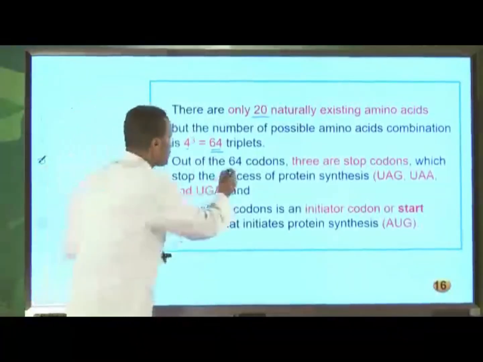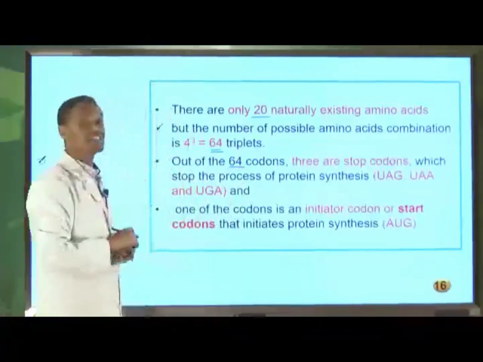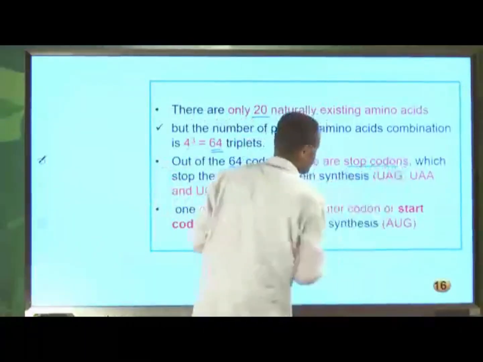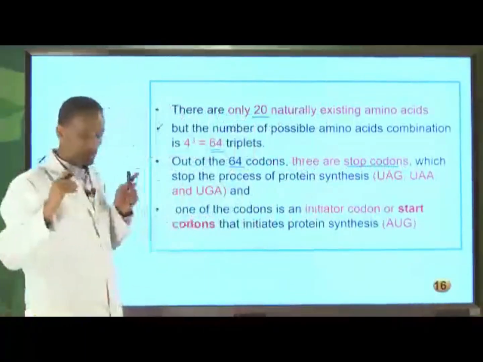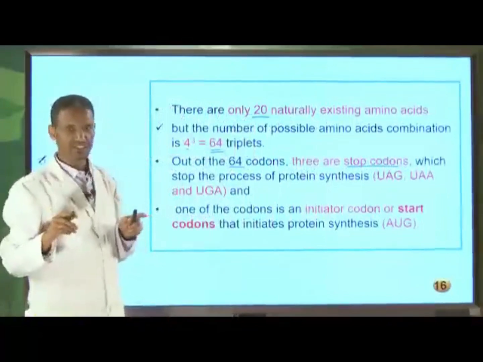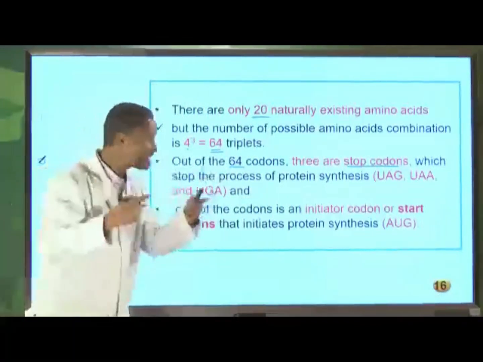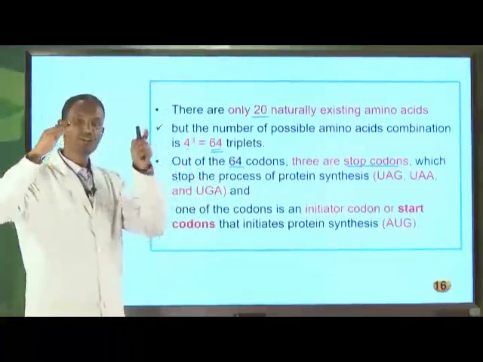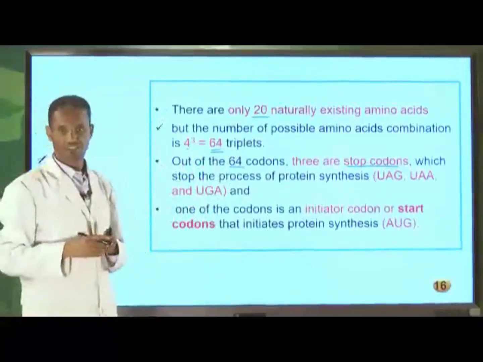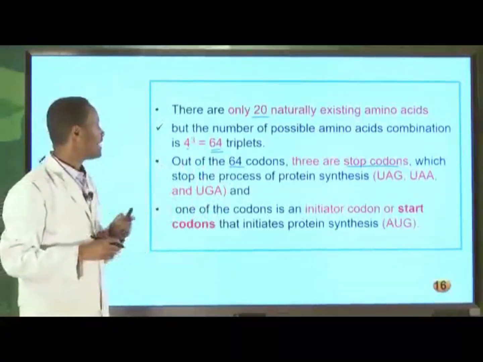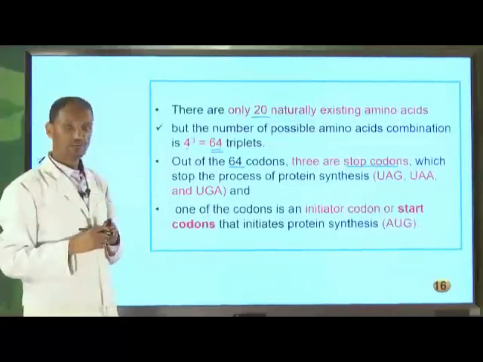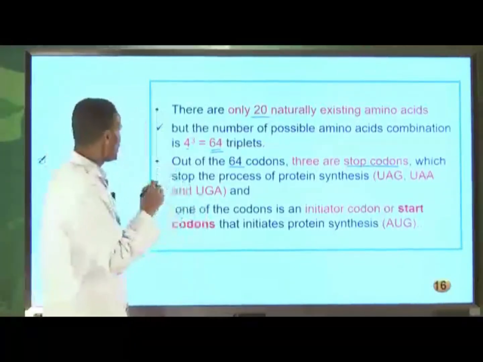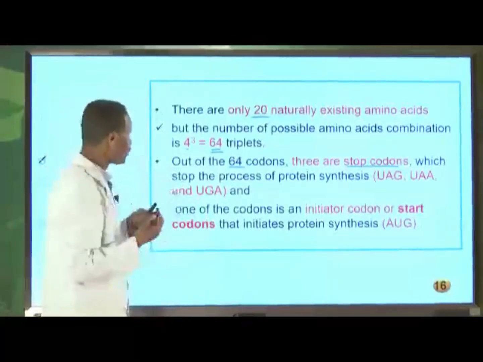Out of 64 codons, 3 codons are stop codons. That means, in the process of protein synthesis, if the process reaches a stop codon, the synthesis will stop or cease. And again, out of the 64 codons, 1 codon is the initiator codon.